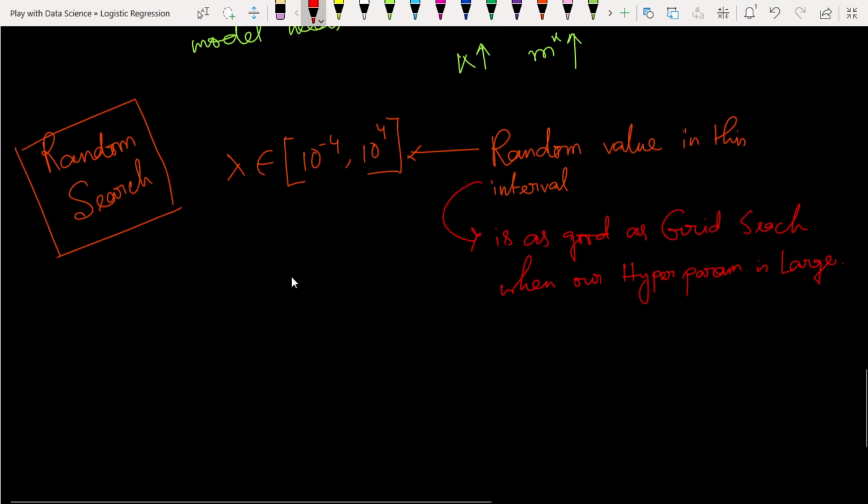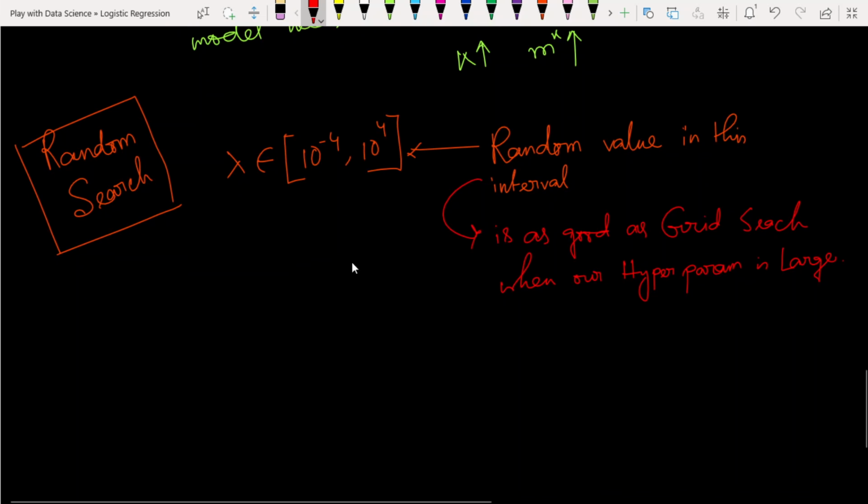So random search is a modern technique. It is almost always used in deep learning. When you learn deep learning, you will see that in almost all cases for hyperparameter tuning, we use the random search technique because it is as good as the grid search technique.